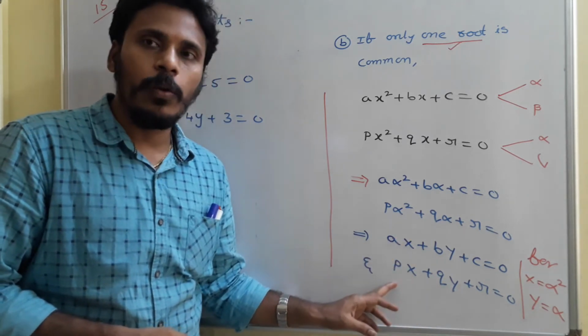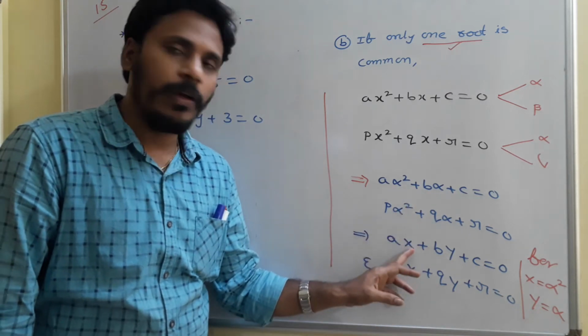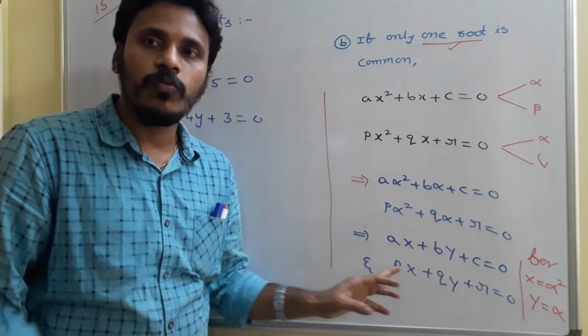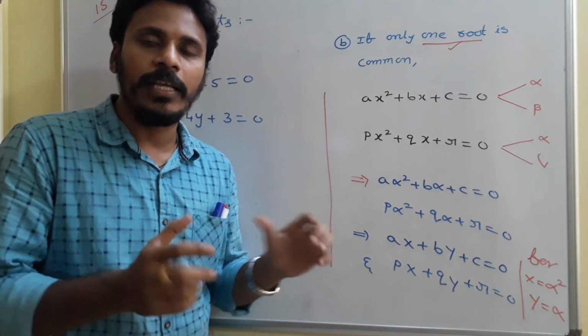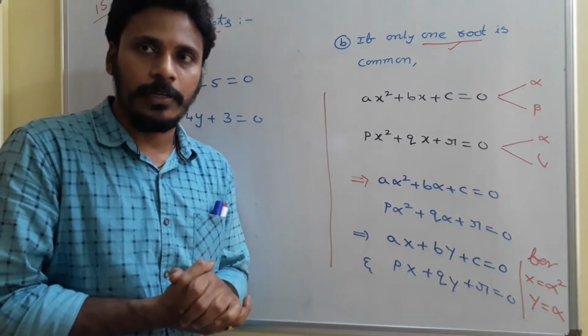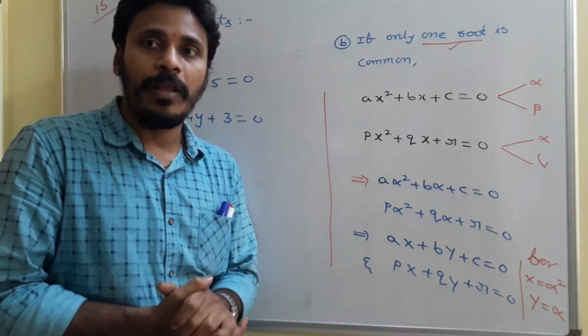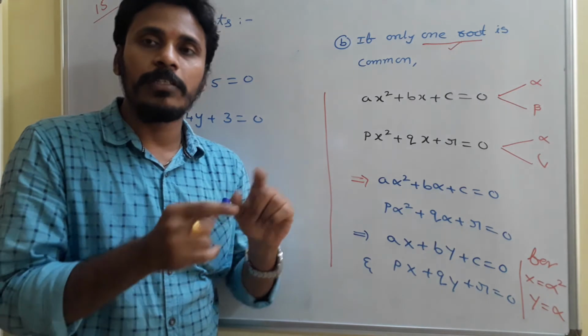When you look at these two equations, after replacing alpha square with capital X and alpha with capital Y, they become two linear equations in two variables X and Y. So how to solve these two equations? How to get capital X and capital Y in terms of a, b, c, p, q, r?